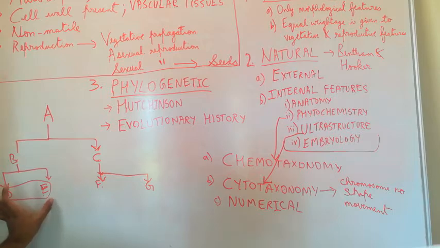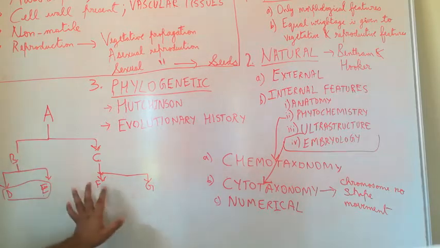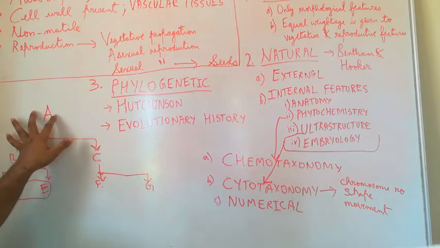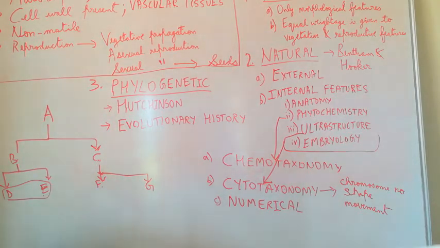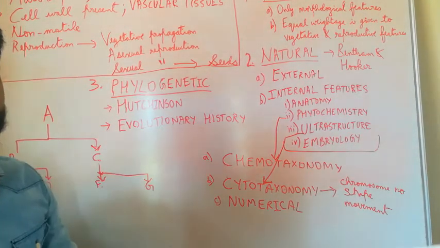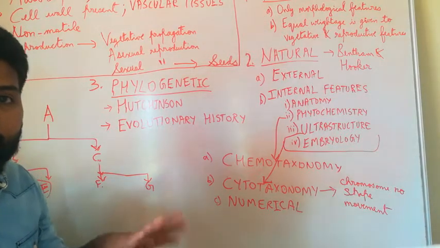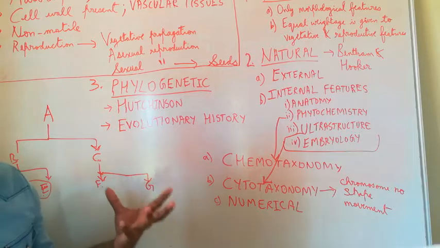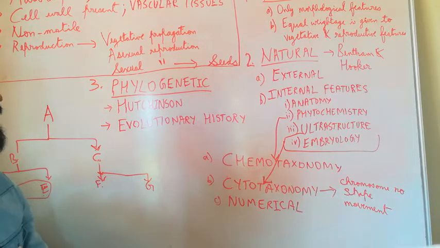If they are placed together, they are closely related and they have a common ancestor. They have a common ancestor, which of course have their own common ancestor in the past. That is the phylogenetic system of classification, which brings into light new information regarding the classification of plants.